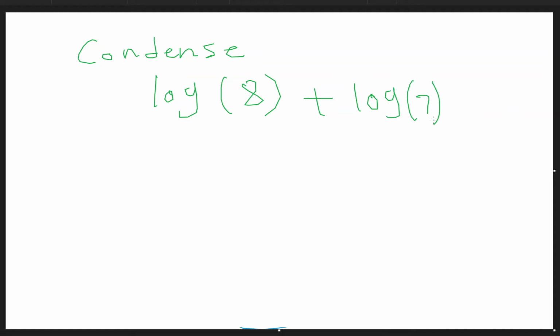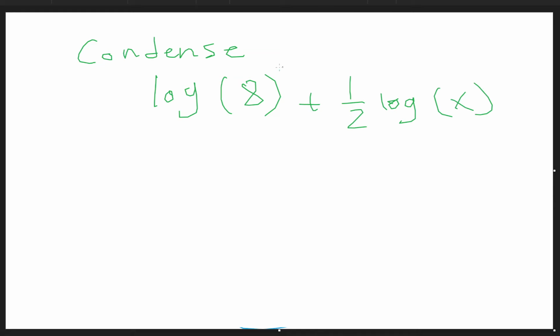Like condense log of 8 plus log of 7, or we can just do log of 8 plus 1/2 log x.